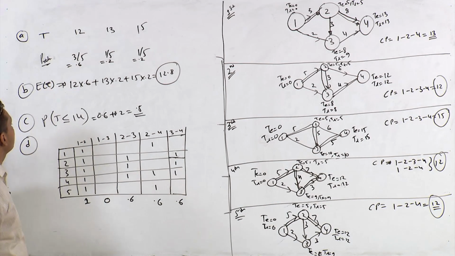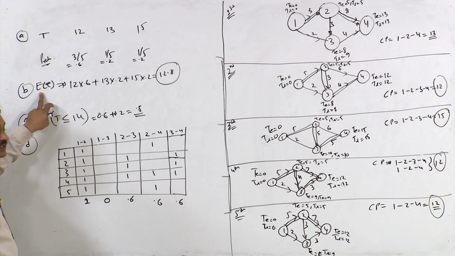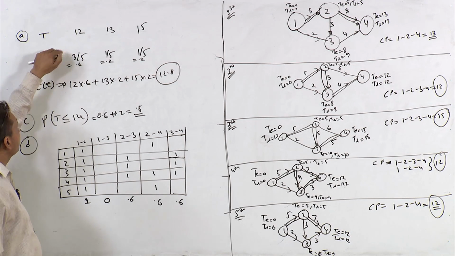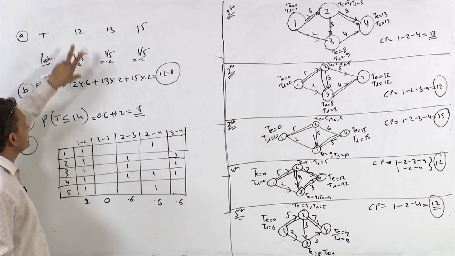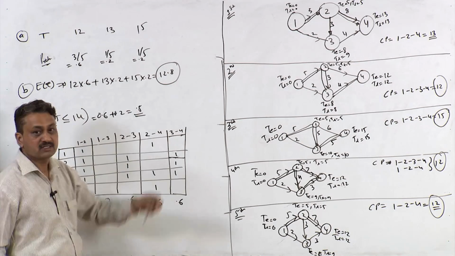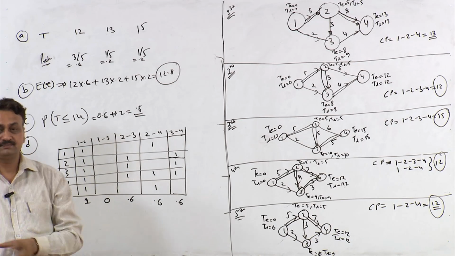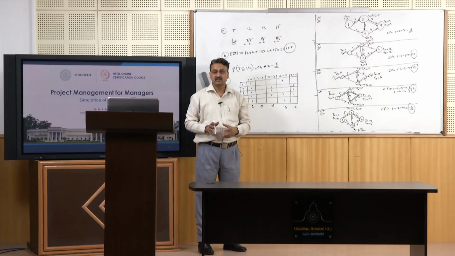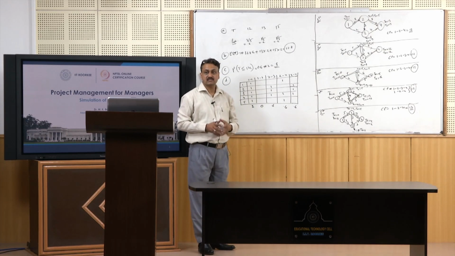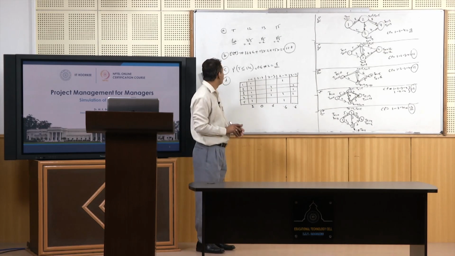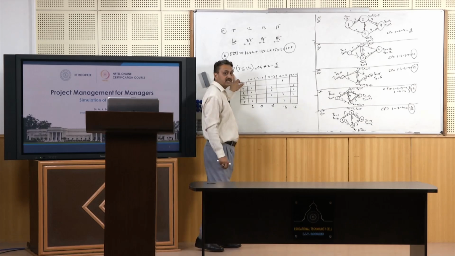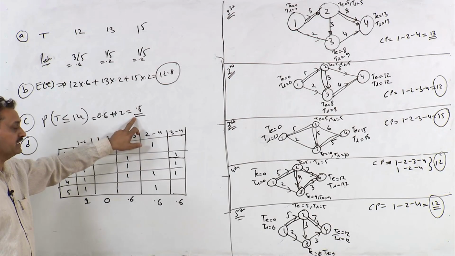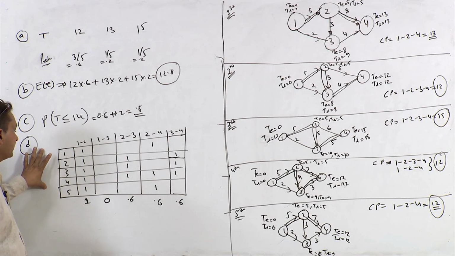For the expected time, you just multiply the durations with the probabilities, so it is 12.8. So at the end of the day we will say that the duration of this particular project is 12.8, the probability that it will take less than 14 days is 0.8, and this is the critical index.